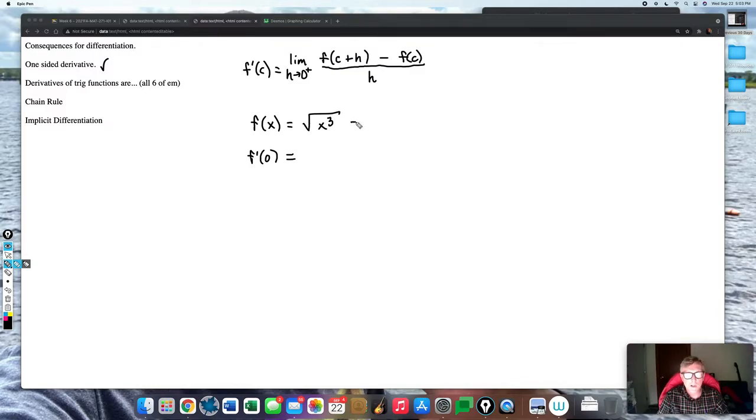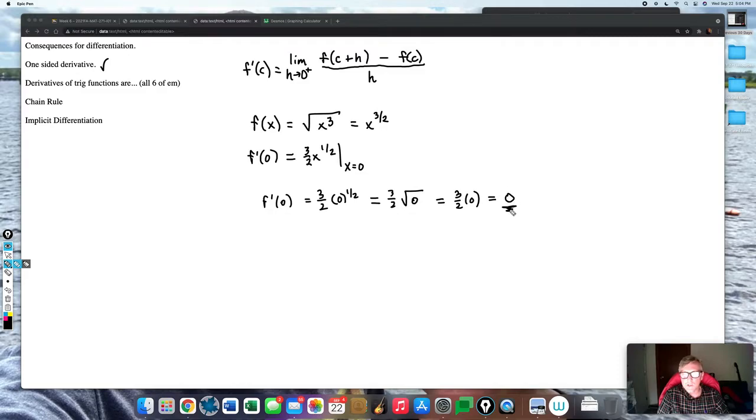Because remember from last week's video that we can rewrite this as x to the 3/2, right? And so you could just do the power rule and reduce the exponent by 1, and then evaluate at x equals 0. So f prime of 0 is 3/2 times 0 to the 1/2, and we know that the 1/2 power is just a square root, and the square root of 0 is 0, and that's definitely a number, right? And 0 times anything is 0.